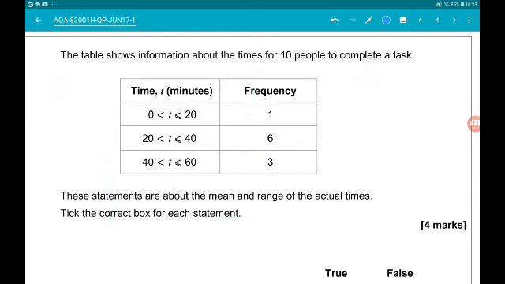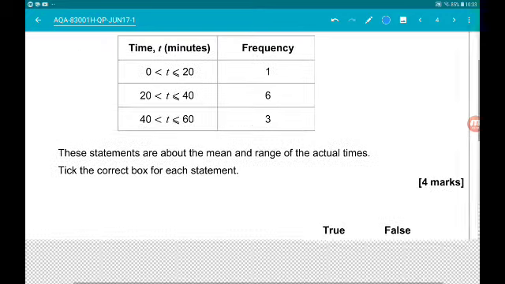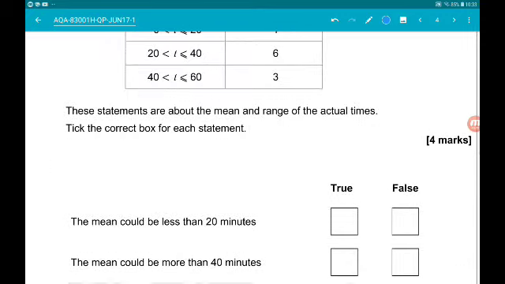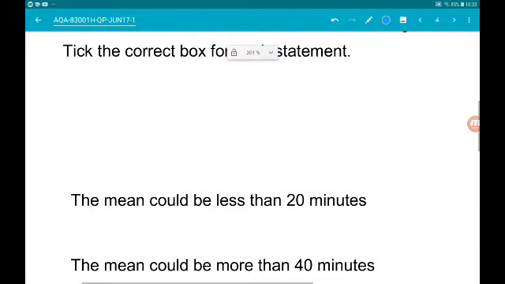Okay, question 6. The table shows information about the times taken by 10 people to complete a task. These statements are about the mean and range of the actual times taken, and we want to tick the correct box. So, statement 1.